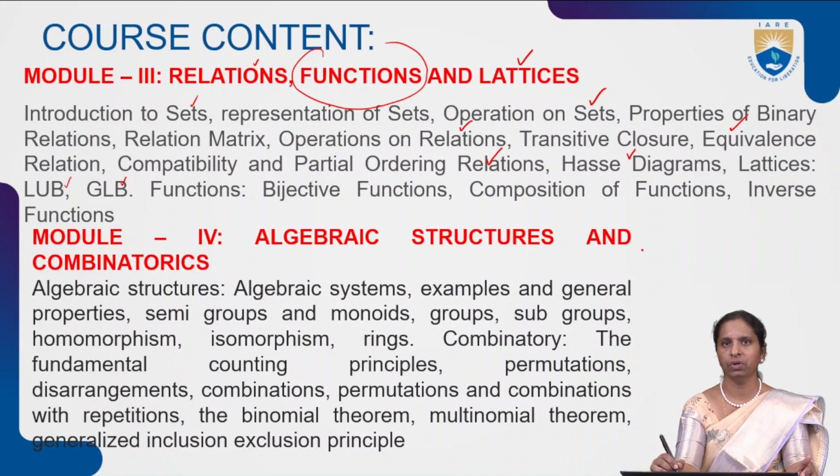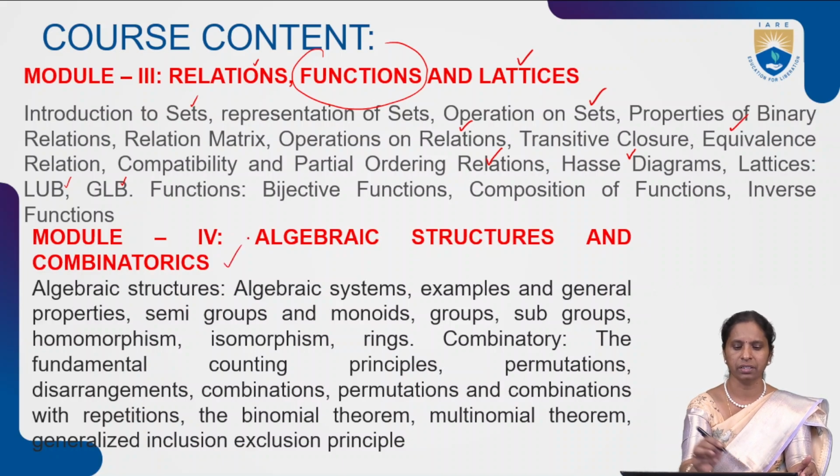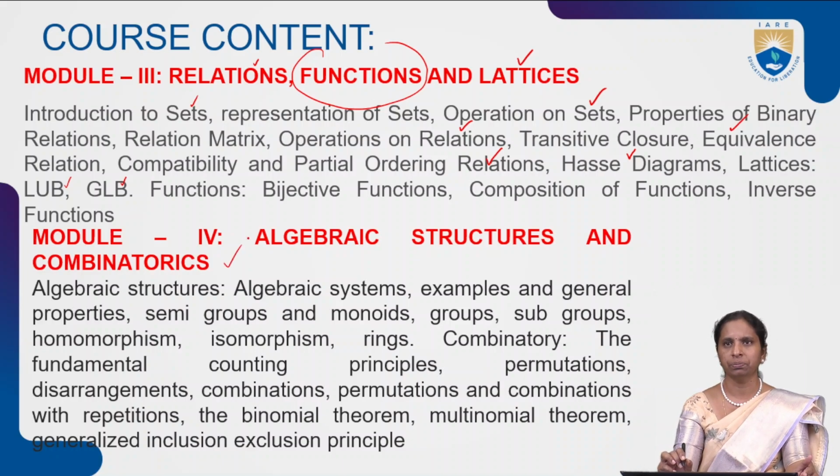And coming to the fourth module, we are discussing algebraic structures as well as combinatorics. The first part contains algebraic structures and the second part contains combinatorics. In algebraic structures, we are going to discuss algebraic systems, examples and general properties of algebraic systems, semigroups, monoids, groups and subgroups, homomorphism, isomorphism, and rings. So these topics are related to algebraic systems.